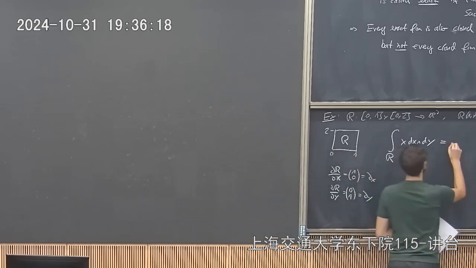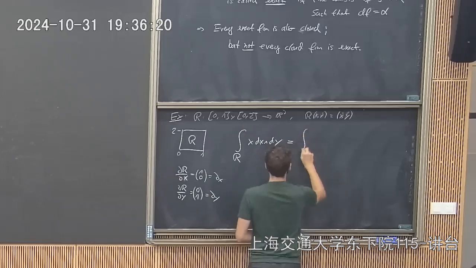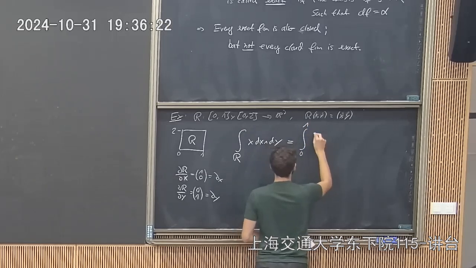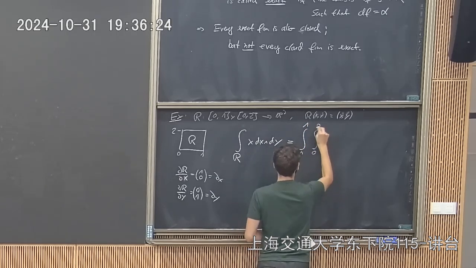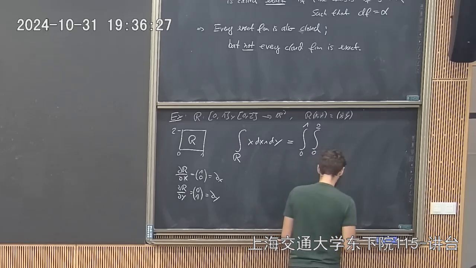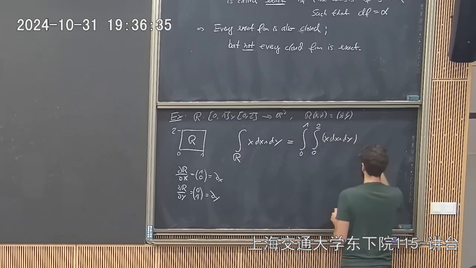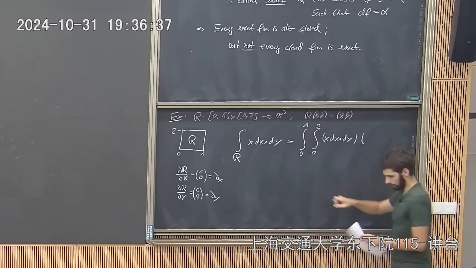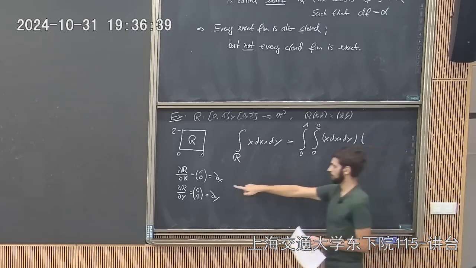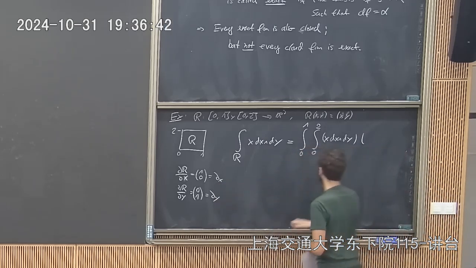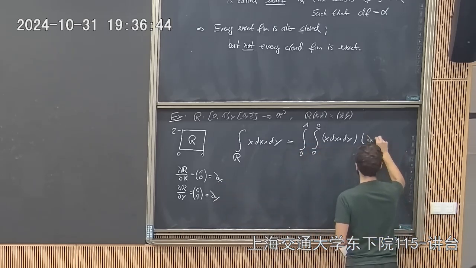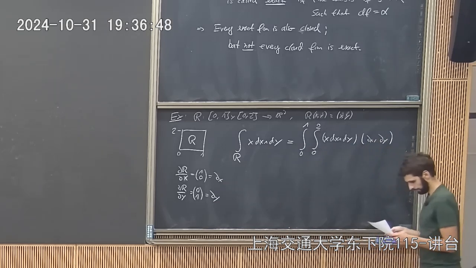So by definition, this integral would be the integral over 0, 1 and the integral over 0, 2. And now we have to evaluate this 2-form at these two vectors.